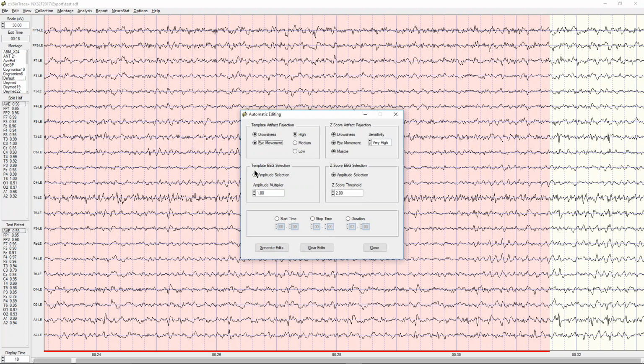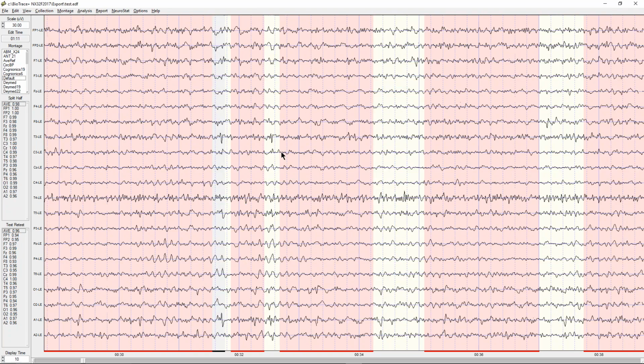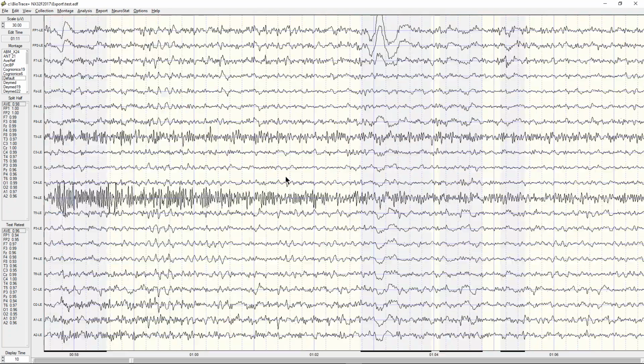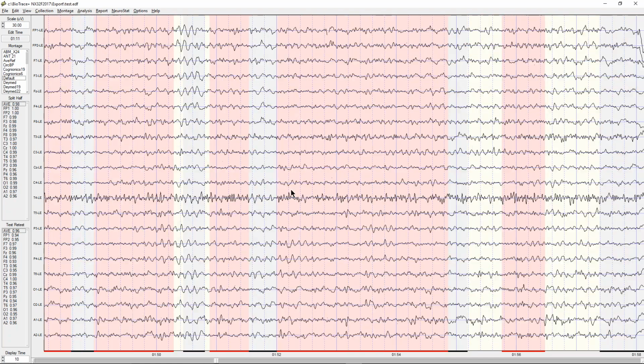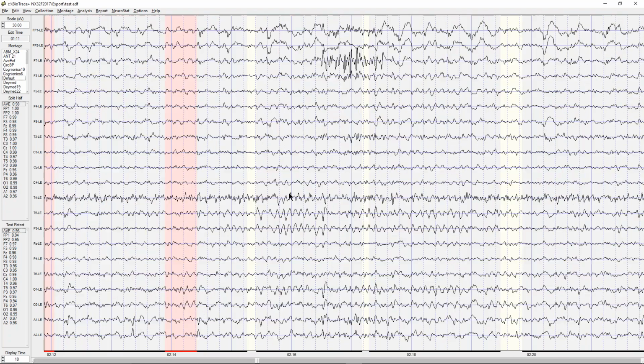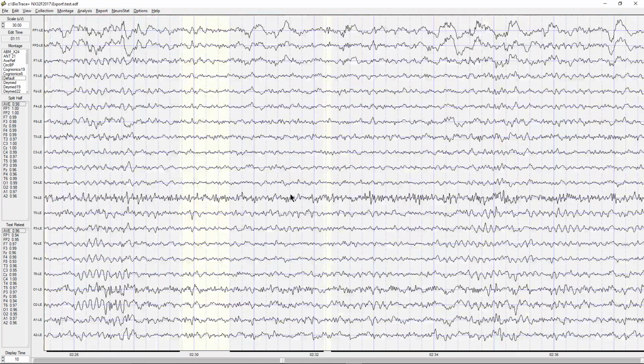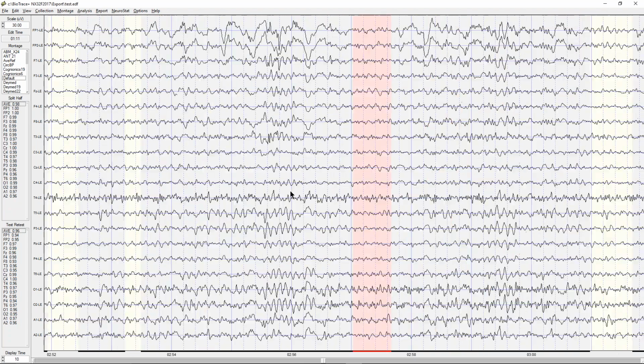And we're going to use the template method and generate edits. So now we've got 1 minute and 11 seconds. So hopefully it's done a better job of eliminating all those eye movement artifacts, which it looks like it has. Yes, it has actually done a very nice job of doing that.